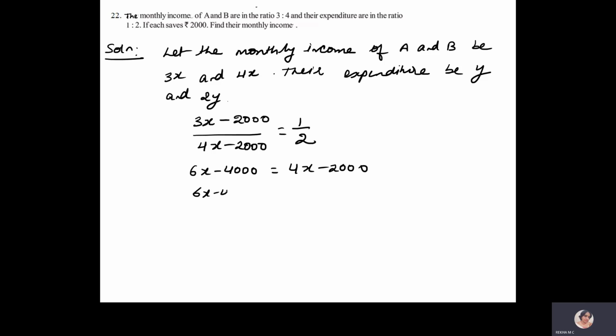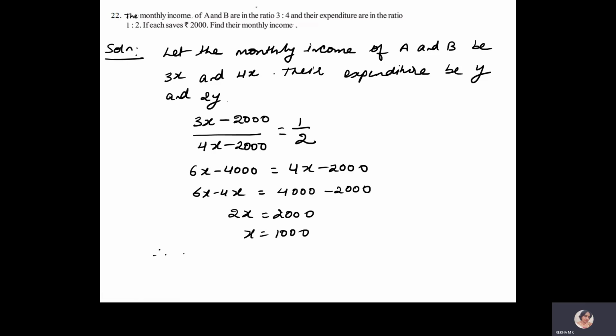So 6x minus 4x is equal to 4000 minus 2000. 2x is equal to 2000. X is equal to 1000.